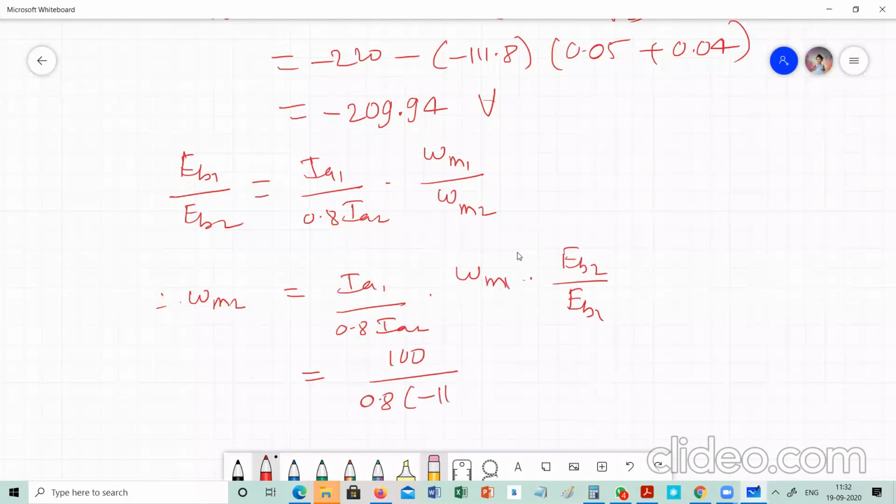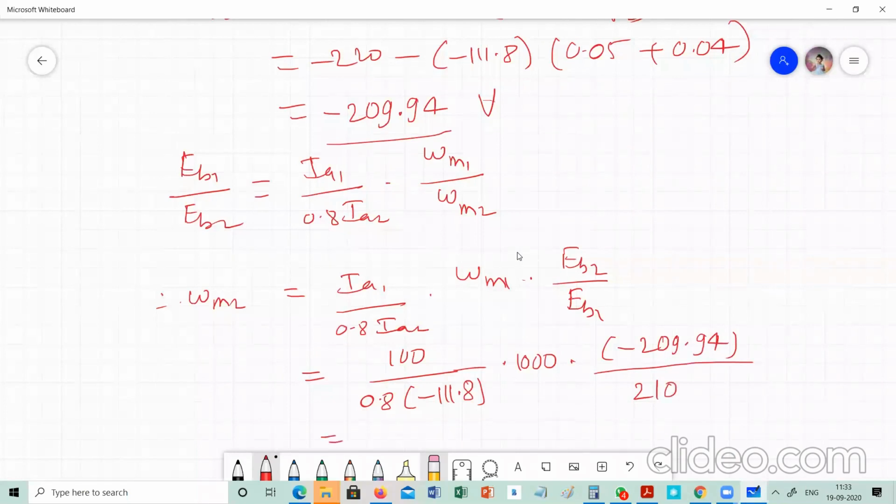IA1 is equal to 100 divided by 0.8 into IA2, which is minus 111.8, into omega m1, which was 1000, into EB2, which we have calculated as minus 209.94, divided by EB1 equal to 210. Solve this.